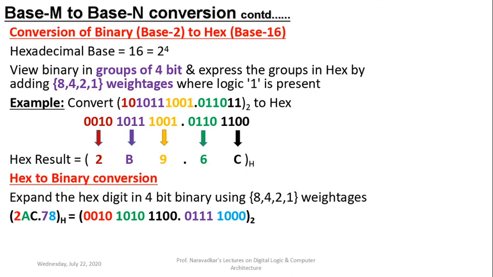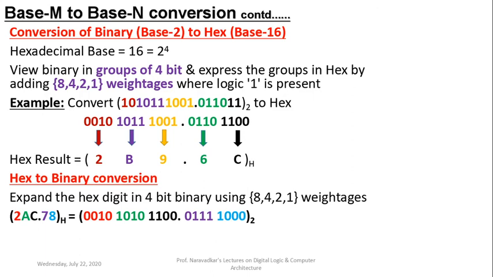It means that it is equal to 1010 written here. Then next is C. C means 12. 12 means 8 plus 4. So within 8421 weightages here, 1100 is written here.